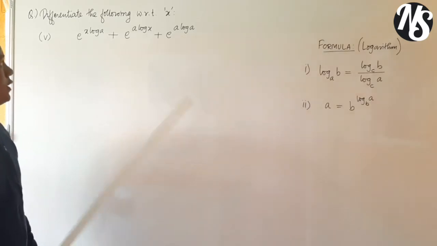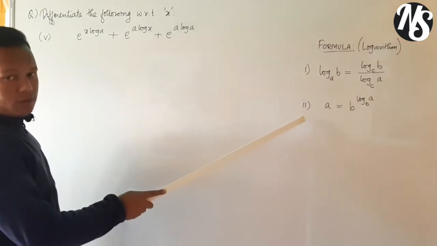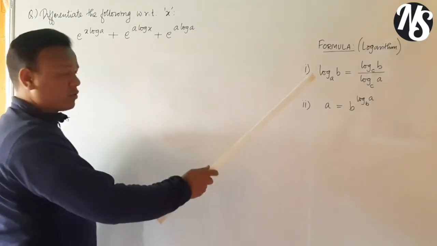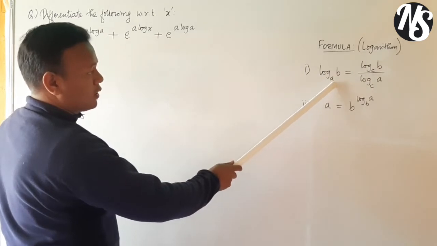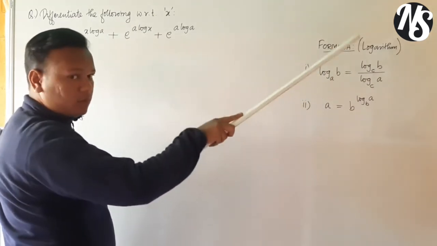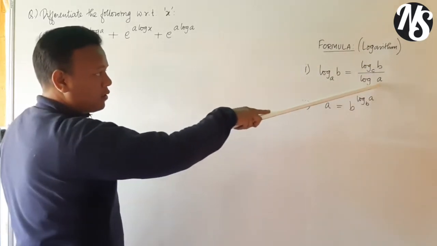Now before going into this problem, I have mentioned two very important formulas, very easy to remember, especially the first one. See here, this can be written as, in the base we have got a. Base is lying below, so that's why I'm writing this in the denominator.